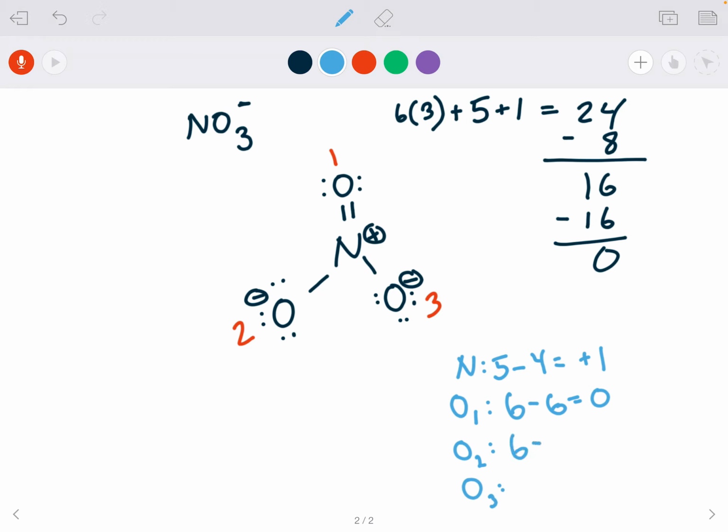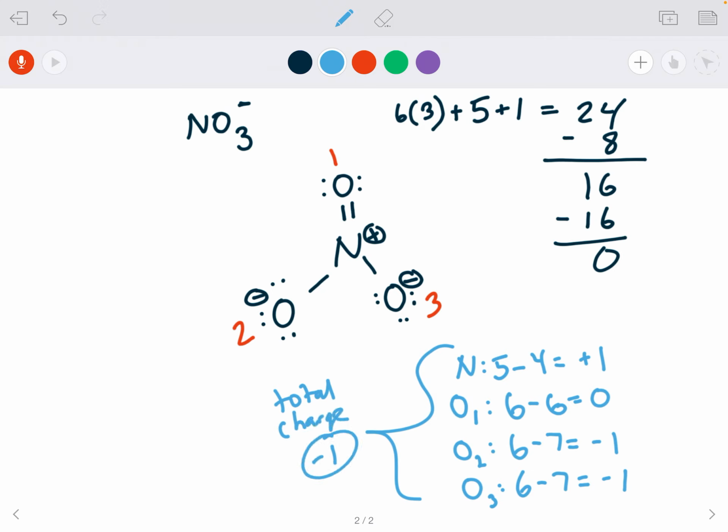I have 1 bond, so 1 electron, plus 6 non-bonding electrons to give me 7. So that should be minus 1. And then oxygen 3 is the same. If I add all of those up together, this gives me a total charge of negative 1, which is the overall charge of this entire NO3 ion.